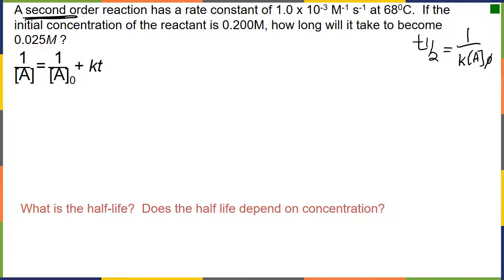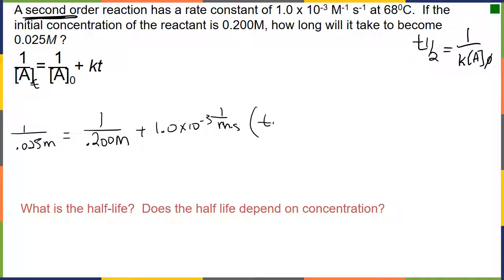If we want our initial concentration, which is this guy, 1 over 0.025 molar, is equal to 1 over the original concentration, 0.2 molar. Remember, this is what's left, plus our k value of 1.0 times 10 to the minus 3 per molar second multiplied by time.